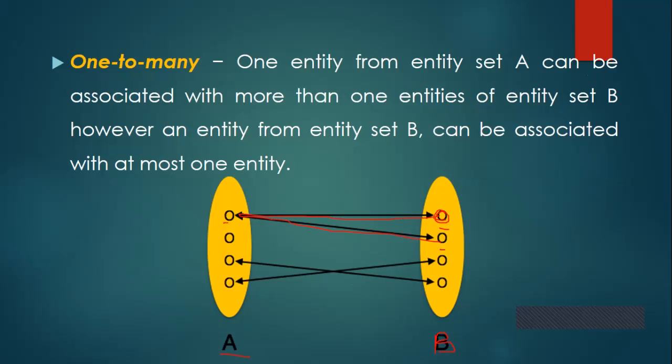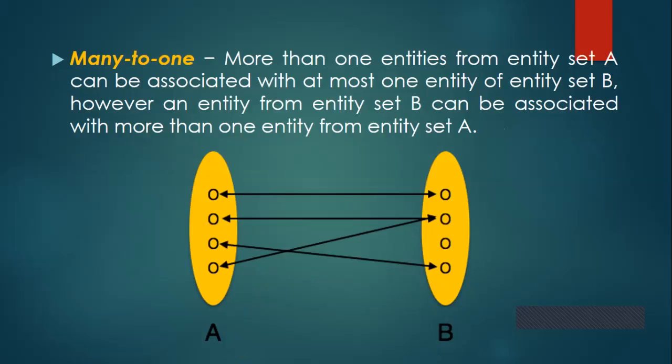Whereas if we go from B to A, then these entities are associated with at most one entity in set A. From B, an entity can map to at most one entity in set A, whereas in A, one can have an association with more than one entity in set B.